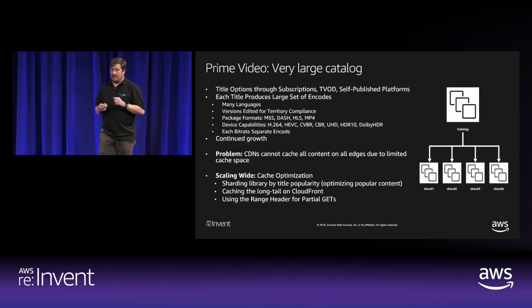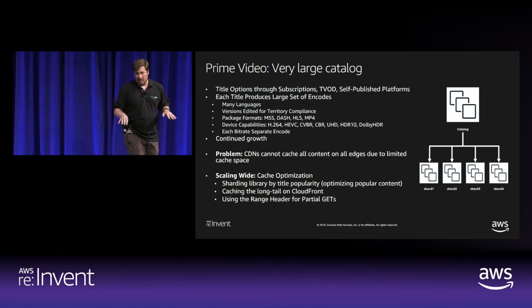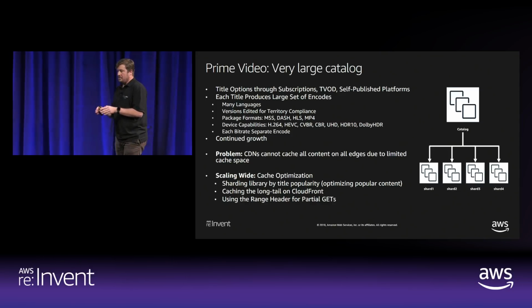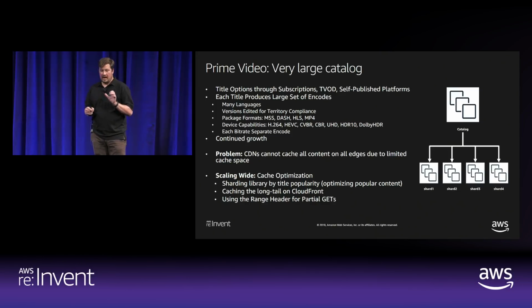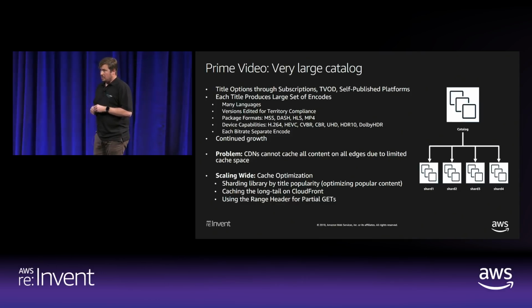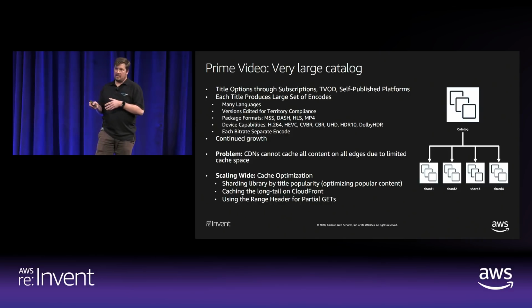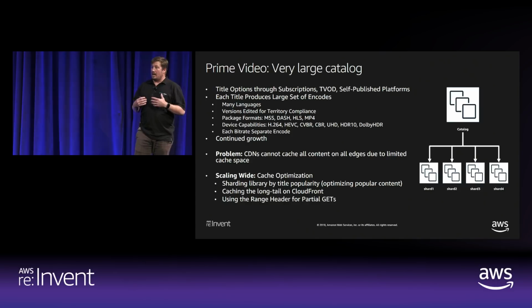But the beauty here is that if we are able to split the catalog into different shards and reference each shard by their own host name, then on the CDN side, they can actually control the resolution so that it only resolves to the IPs for the edges that actually have that content. So that's an easy way to leverage their DNS capabilities to empower them to cache a larger percentage of a very wide catalog.